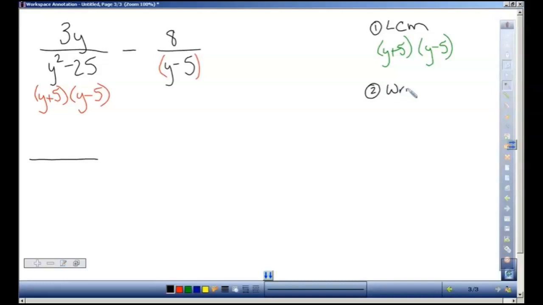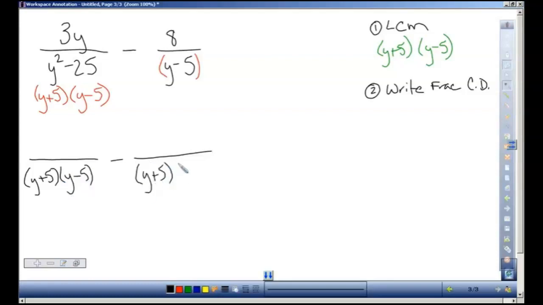So now my step number 2 is to write my fractions with a common denominator. So my common denominator is going to be y plus 5, y minus 5 for both of these fractions.